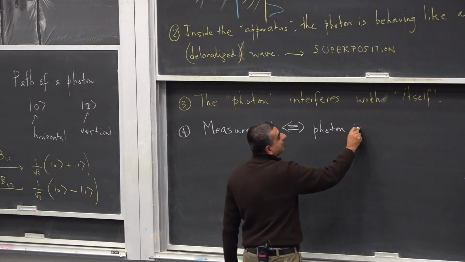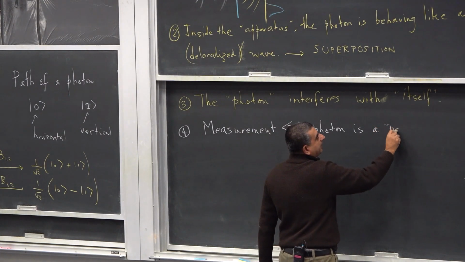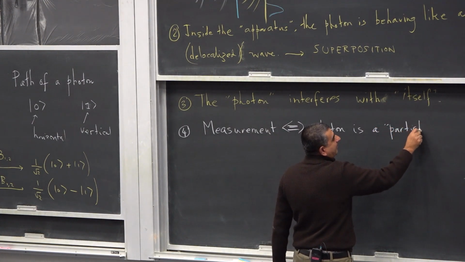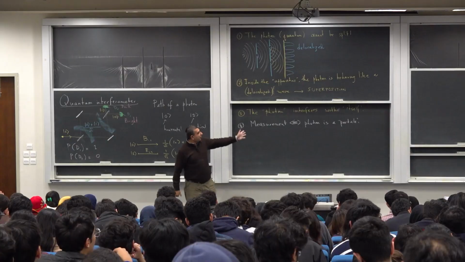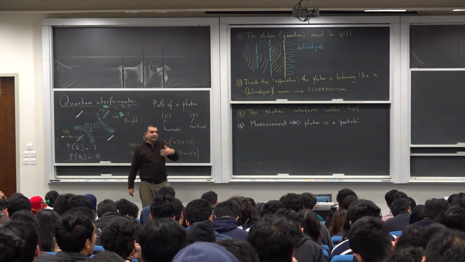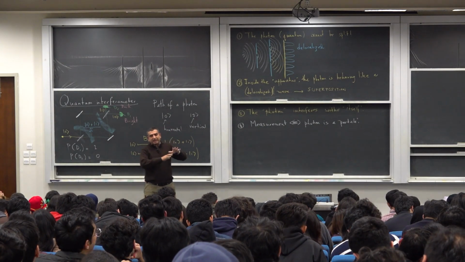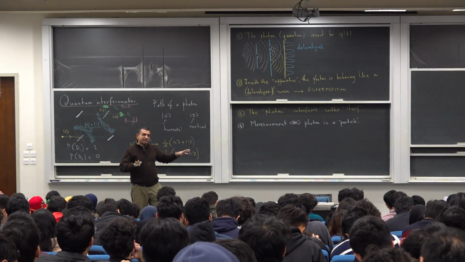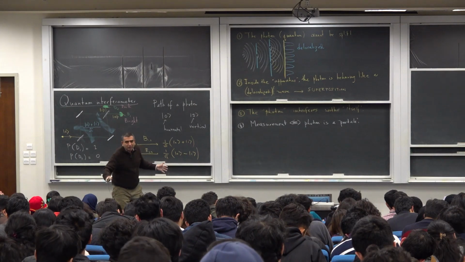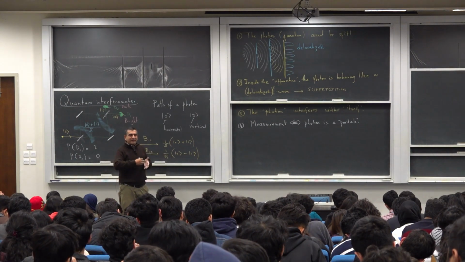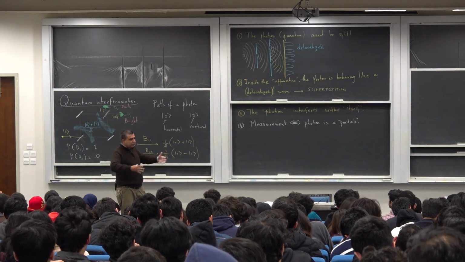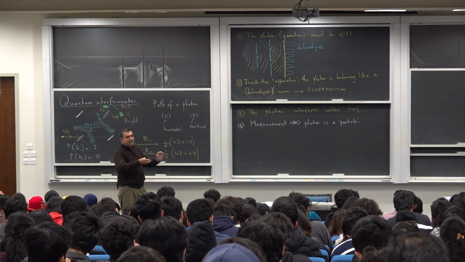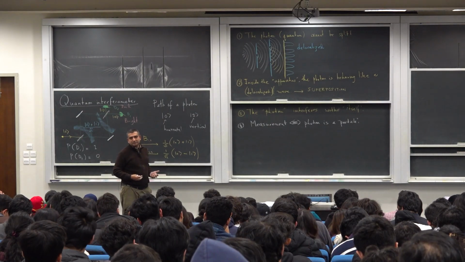It reinforces our idea that the photon is a particle. In one experiment, some authors would like to call this wave-particle duality. I think in this one experiment, if you consider measurement as well, the photon is behaving both like a wave and a particle. Wave because it's delocalized inside the interferometer, and a particle because you measure it.